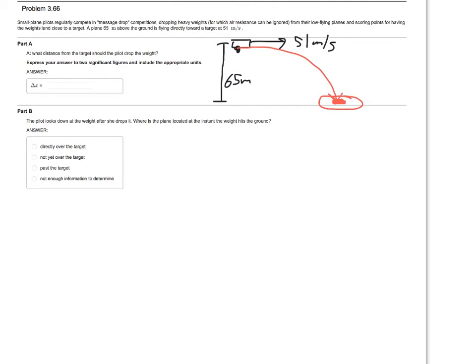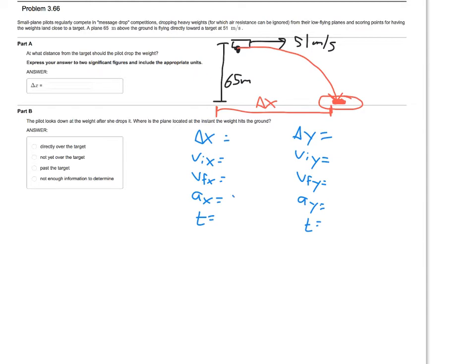So we want to know at what distance, horizontally, what distance should the plane drop that object so that it lands on the target. So I'm going to go ahead and set up my chart in both the x and y direction. So we know, of course, our acceleration, 0 and negative 9.8 meters per second squared.